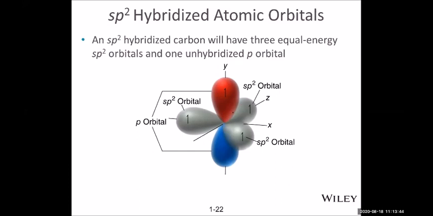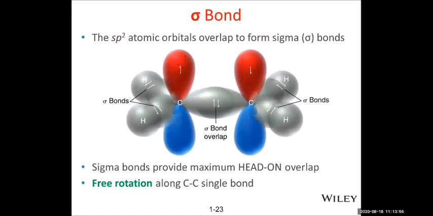After hybridization, you have 3 sp2 hybrid orbitals plus an unhybridized p orbital. And when they form bonds, the sp2 hybrid orbitals form sigma bonds.